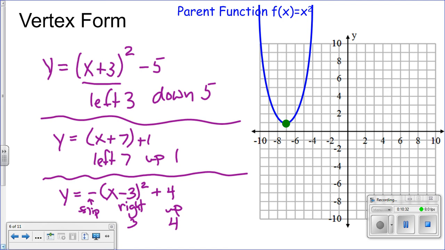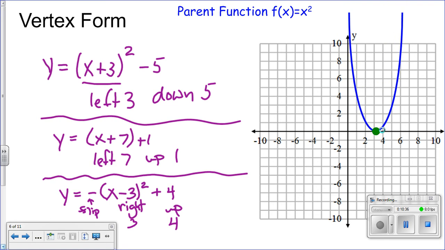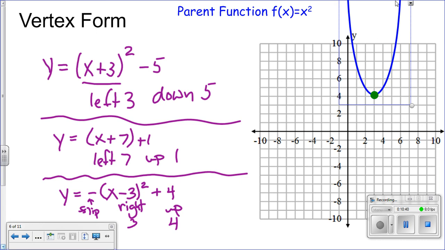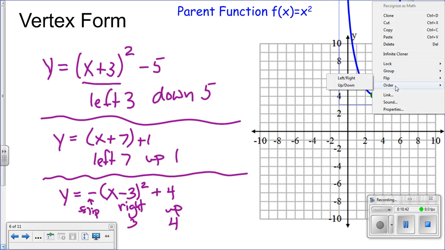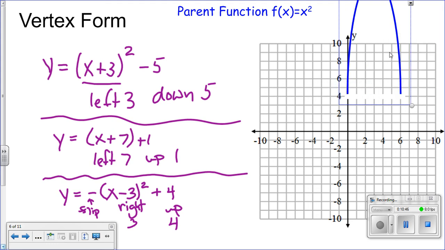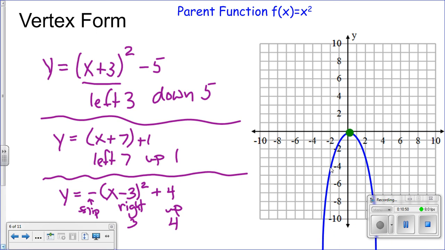And it's going to flip over the x-axis. So let me go right 3. There's right 3. Let me go up 4. And now I need to flip it. So I'm going to have to move this back. So would we say right 3, up 4? This is what it's going to look like. So that's the cool thing about vertex form.